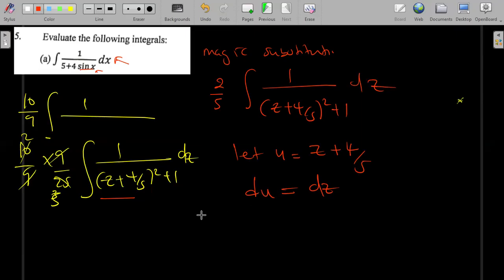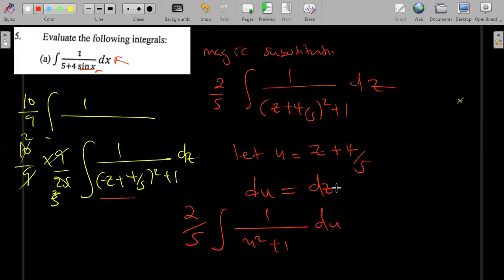So I now replace, this will be 2 over 5, then the integral of 1 over u squared plus 1. Dz is just equal to du. Okay, then from here, what does this imply?